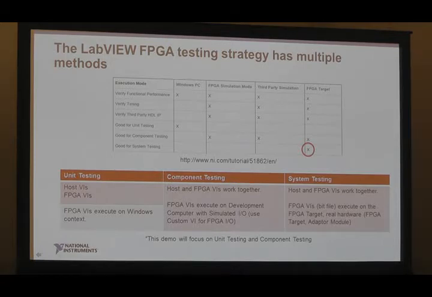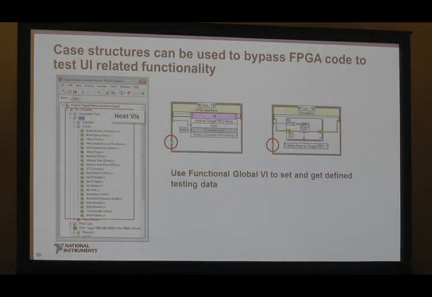Okay, so here is the application. For the host VIs here, we will create a unit test for all the VIs. Because the host VI will communicate with the FPGA, some VIs have interface code there.